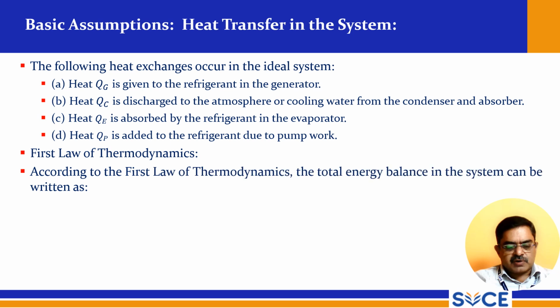So the first law of thermodynamics is considered here. According to the first law of thermodynamics, the total energy balance in the system can be written as Qc equal to Qg plus Qe. Qg is the heat given to the refrigerant in the generator, and Qe is the heat absorbed by the refrigerant in the evaporator.